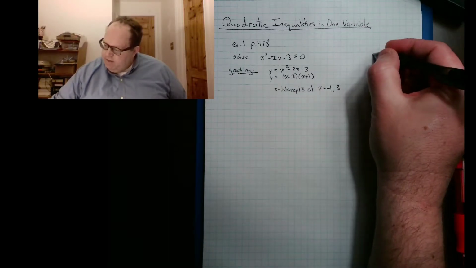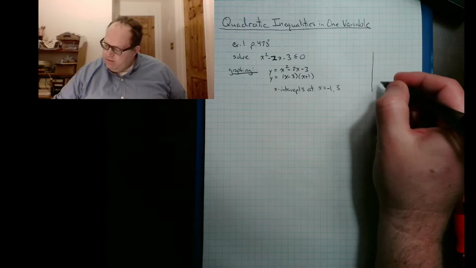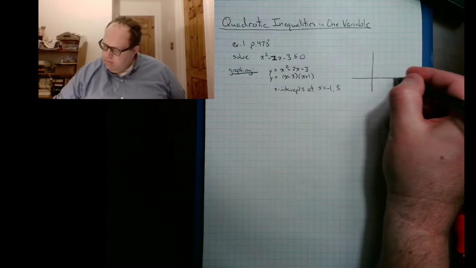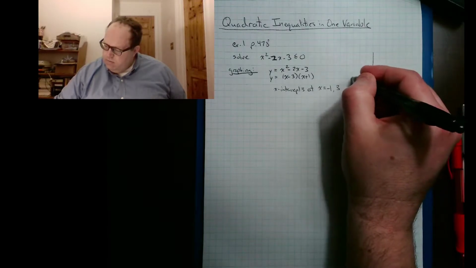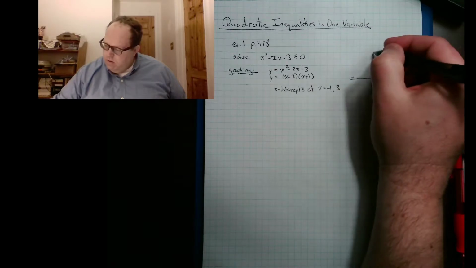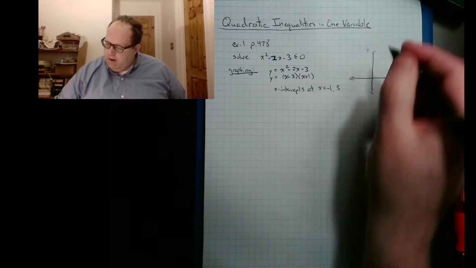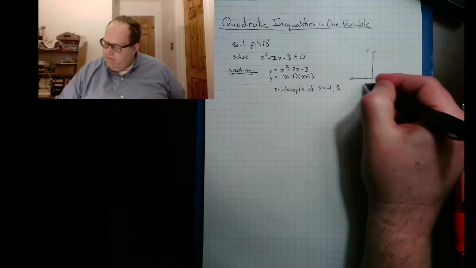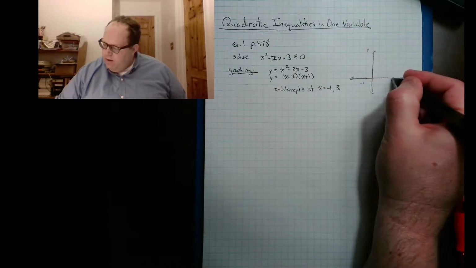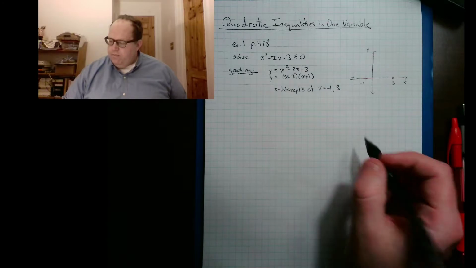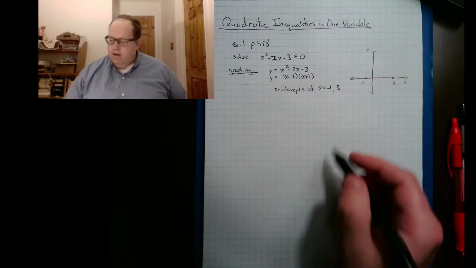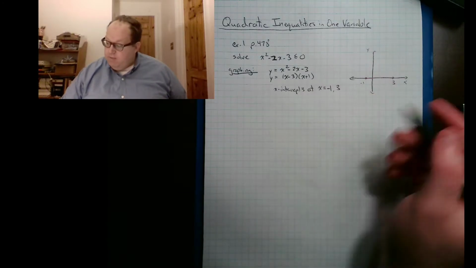And if I make myself a quick sketch of a graph on this, I know that I've got an x-intercept at negative 1 and at positive 3, and the graph opens upward. If I want to get a little fancier, I know the y-intercept is at negative 3 as well.